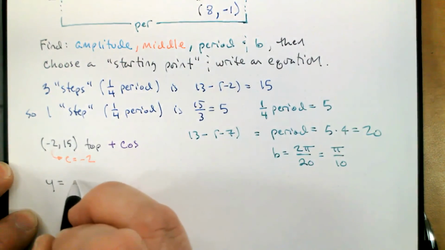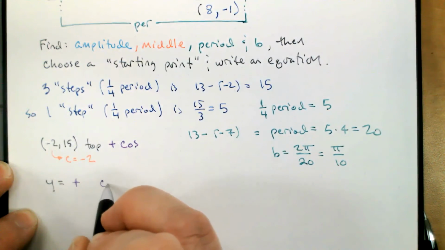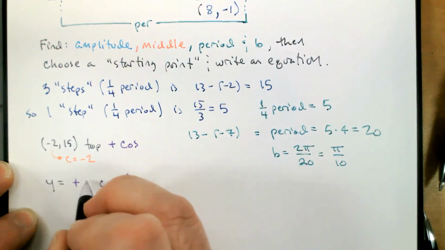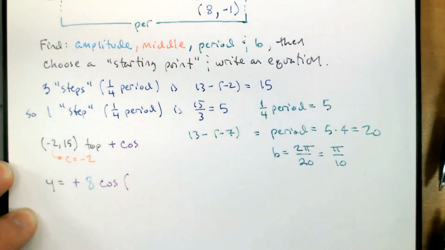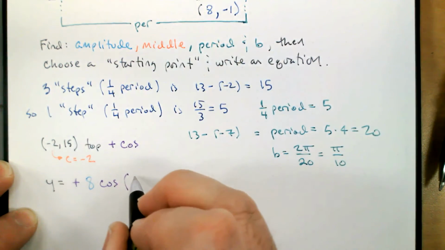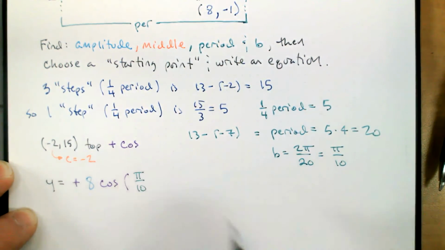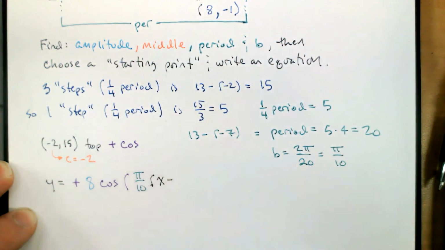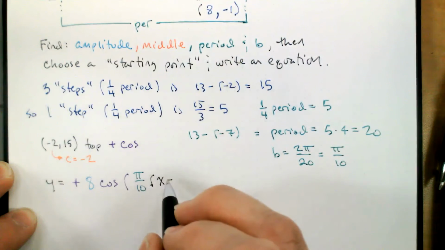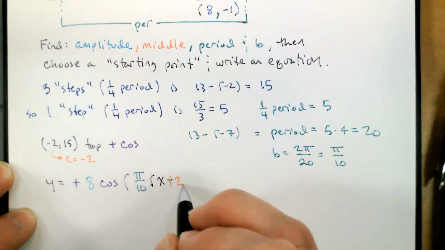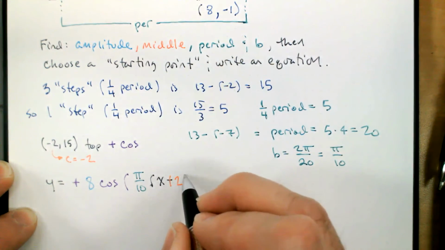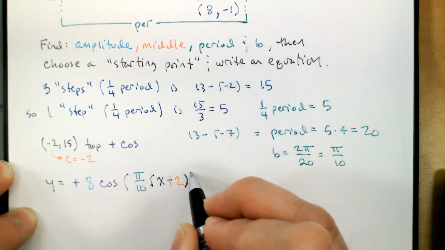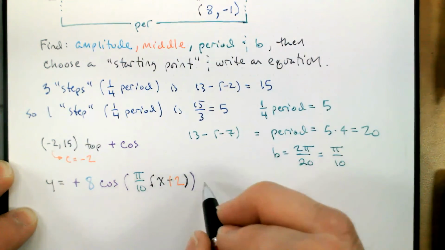We're doing a positive cosine, leave a space for a. A is our amplitude, 8. Our coefficient of x, after the cosine, the coefficient of x is pi over 10. We have x minus a -2, so that'll read as x plus 2. Close the inner parentheses, close the cosine, plus the vertical shift.